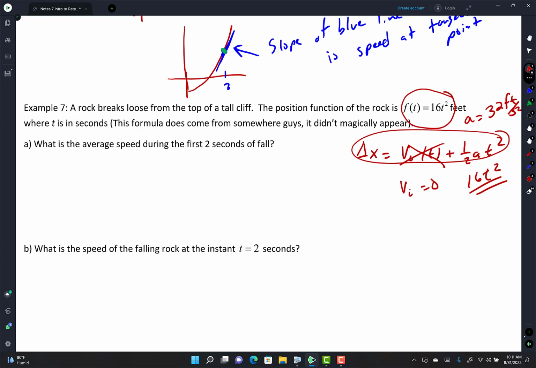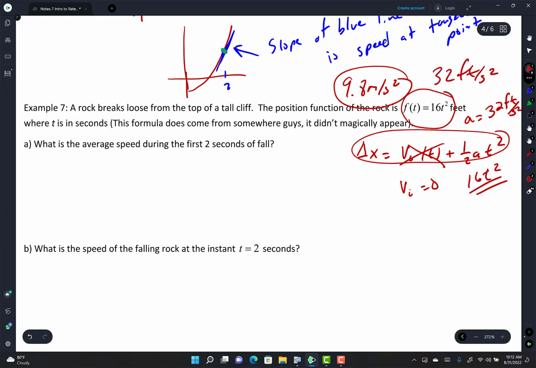The acceleration due to gravity is 32 feet per second. No, it's 9.8 meters per second squared. In the metric system, it's 9.8. But if you convert meters to feet, it's 32 feet per second squared.